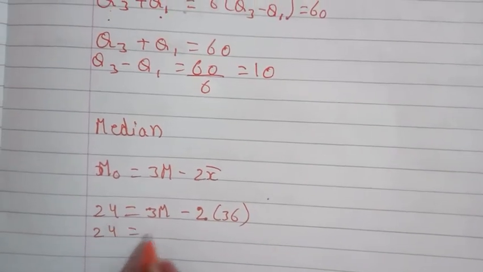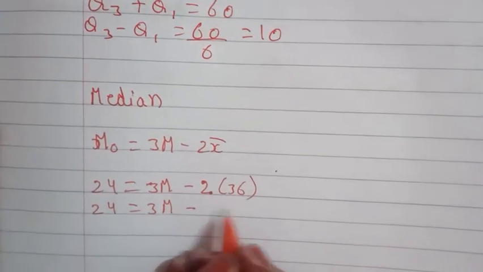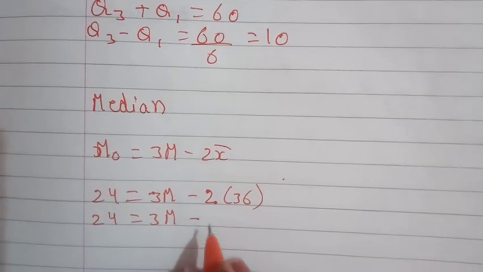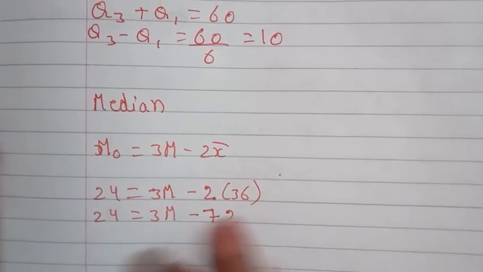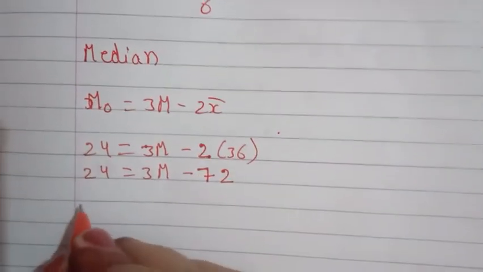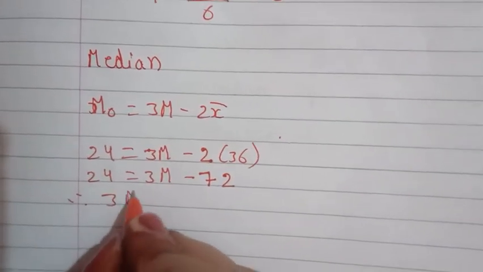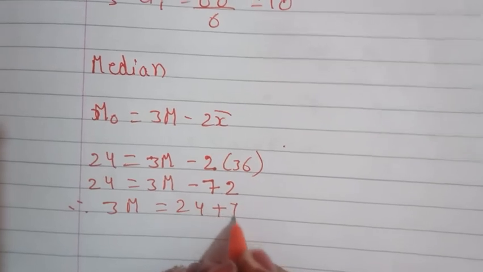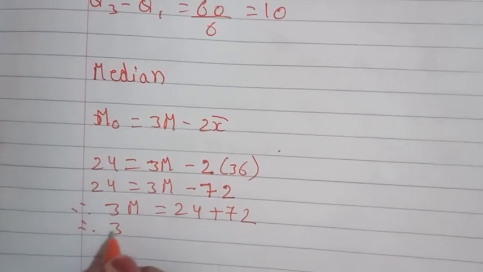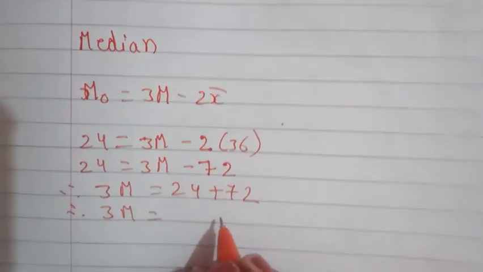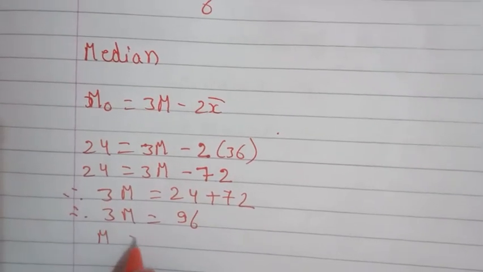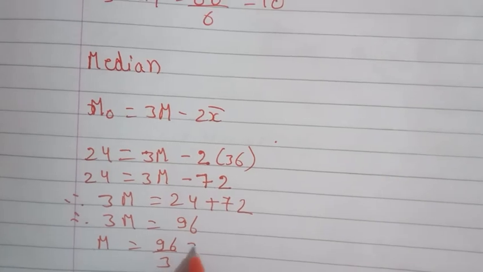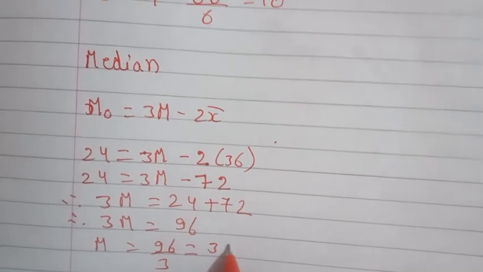So 24 is equal to 3m minus 2 into 36. So what answer will it give us? 72. We can write 3m is equal to 24 plus 72. Therefore 3m is equal to 96, and median is equal to 96 divided by 3, that is equal to 32.